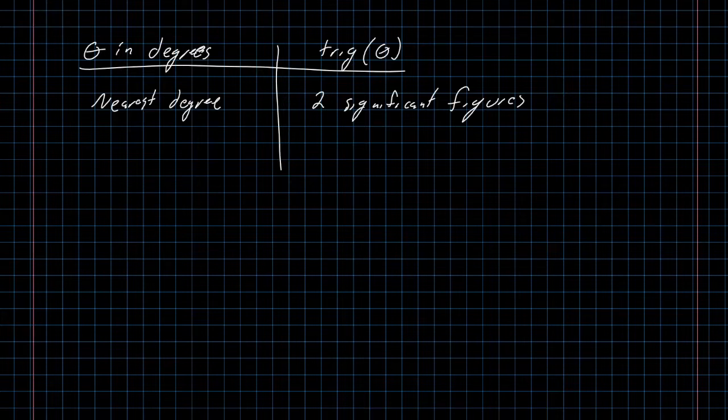If theta is rounded to the nearest degree, then my trig function should get two significant figures. The precision of my angle determines the accuracy of my result.